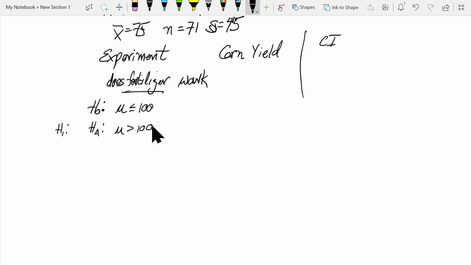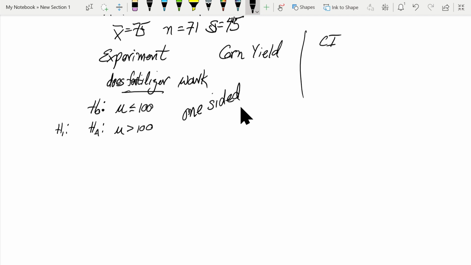And I can have different kinds of null hypothesis. This is called a one-sided hypothesis, because I am looking at one side.